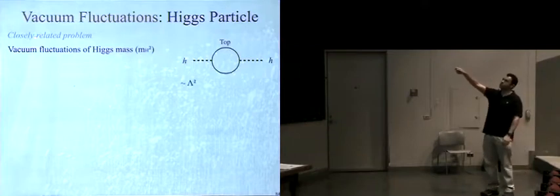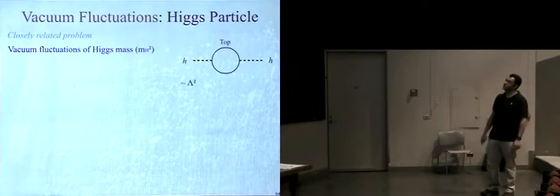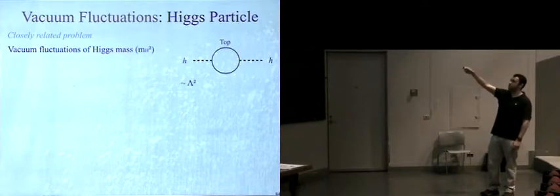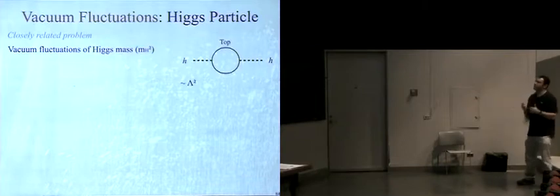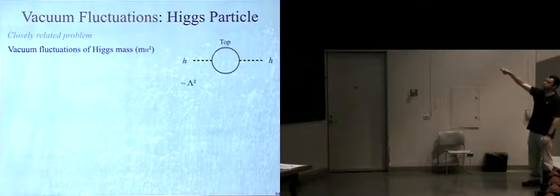So you can ask what these vacuum fluctuations do to the Higgs mass. We said that there are corrections. There's a Higgs mass term, and there can be corrections from loop diagrams like this, which are exactly vacuum fluctuations. If we did this calculation, it would turn out that the correction to the Higgs mass is dominated by this diagram.